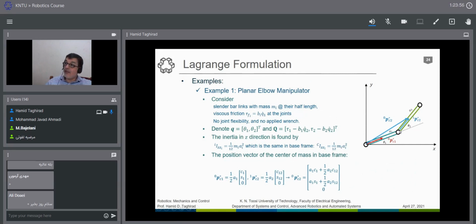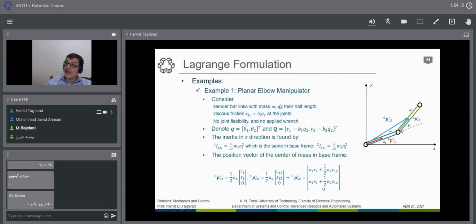So first find this one, PC2 with respect to frame 1. PC2 with respect to frame 1 is 1/2 A2, C12 and S12. Consider that everything is considered in this frame.